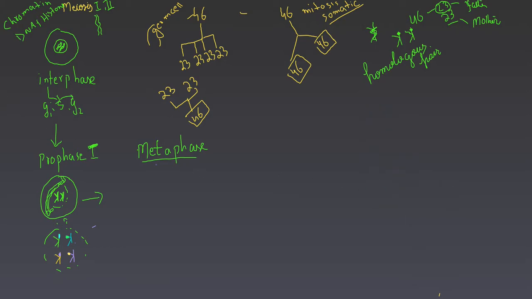Alright. So now after prophase, you have metaphase. And what happens in metaphase is that, now I will just draw the cytoplasm, since the nuclear membrane has disappeared. In metaphase you have these centrioles which have microtubules emerging out of them.